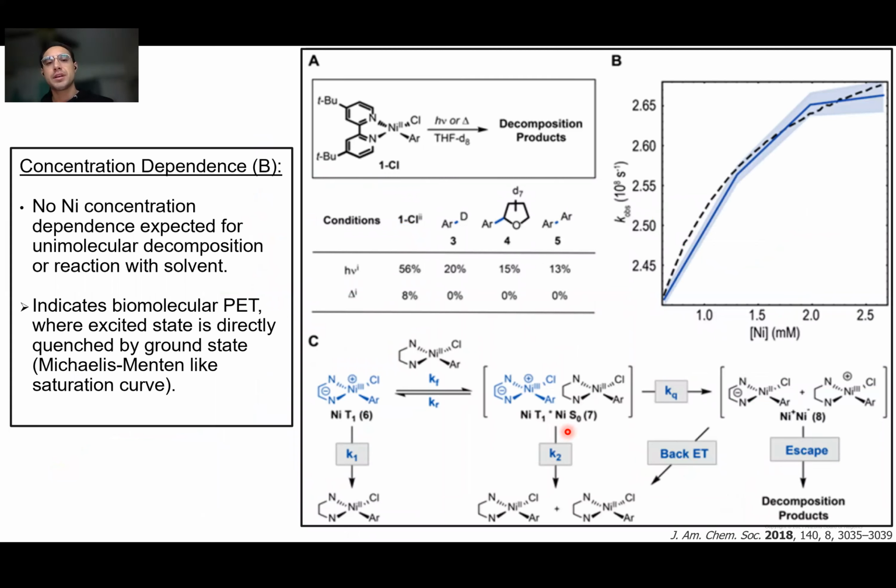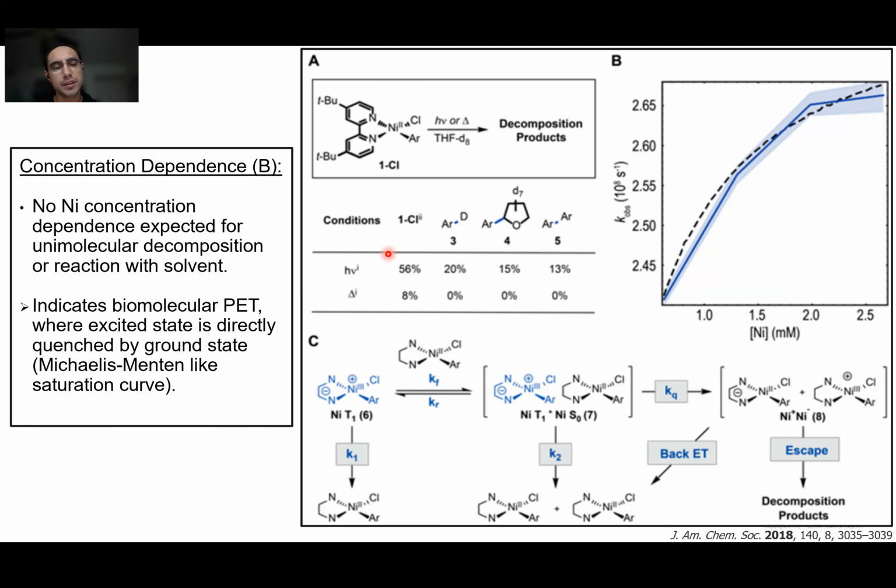Next, they wanted to account for some decomposition products that they saw upon irradiation at wavelengths that correspond to the reaction that they're running, and also thermal decomposition. They did this in deuterated THF because they measured the concentrations of these products using proton NMR.